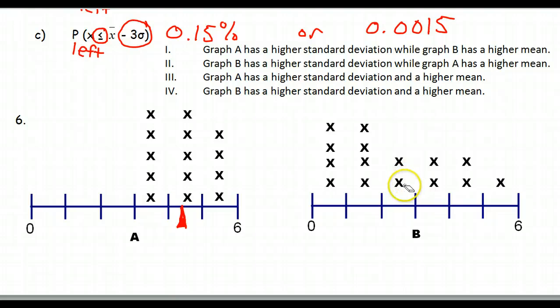Now for this one, these are spread out more evenly. I know that the mean will not be here in the middle because there are extra values over here on the left. So if I were to put my fulcrum, my little balancing point right here, the scale would tip over that way because of the extra weight.